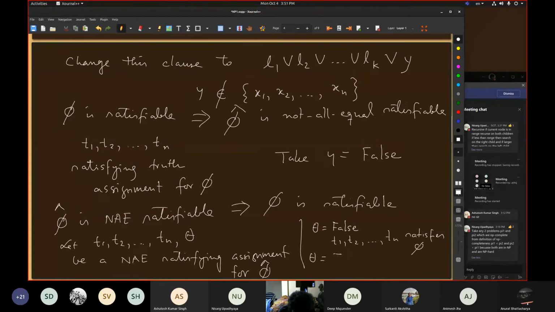But it is also possible that theta is true. The truth value of y is true. But this is a not-all-equal satisfying assignment. This means all these things are not true simultaneously. At least one of the literals must be false.